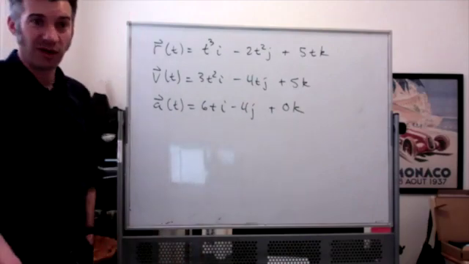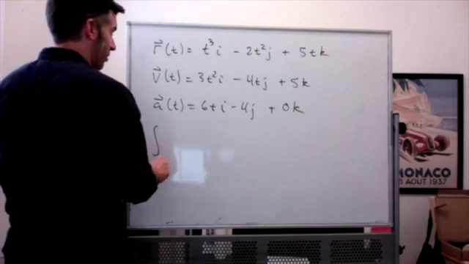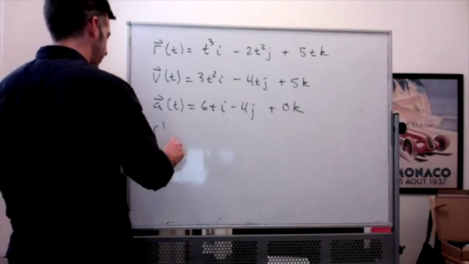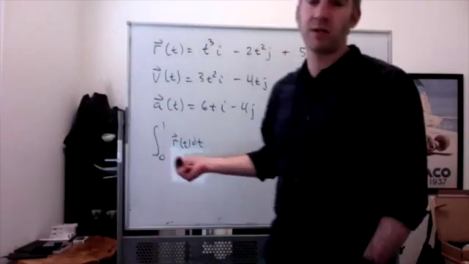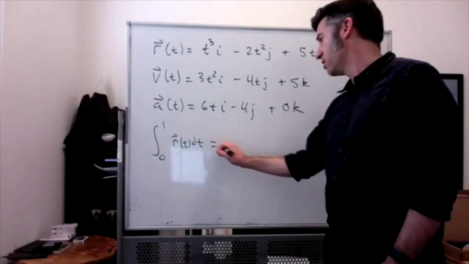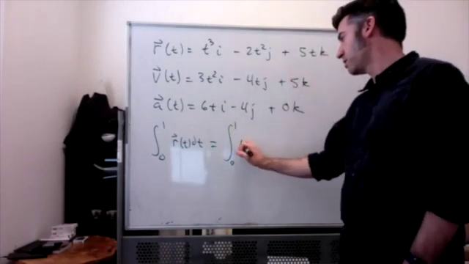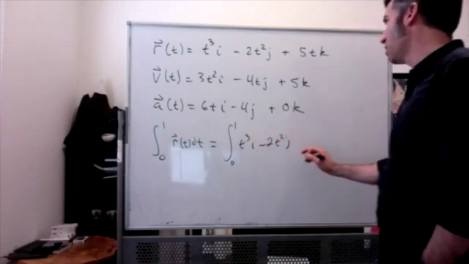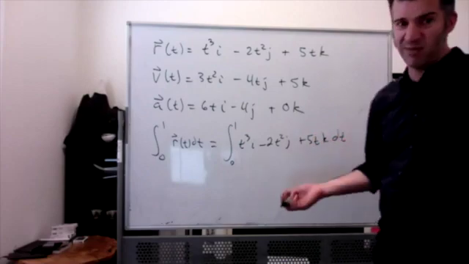You could also integrate r(t). You say, what's the integral from, let's make it not terrible, 0 to 1 of r(t)? The integration here is also just piece by piece. This is actually in section 13.2, but it feels like it relates. So this would be the integral from 0 to 1 of t³ i − 2t² j + 5t k. And you just integrate piece by piece.